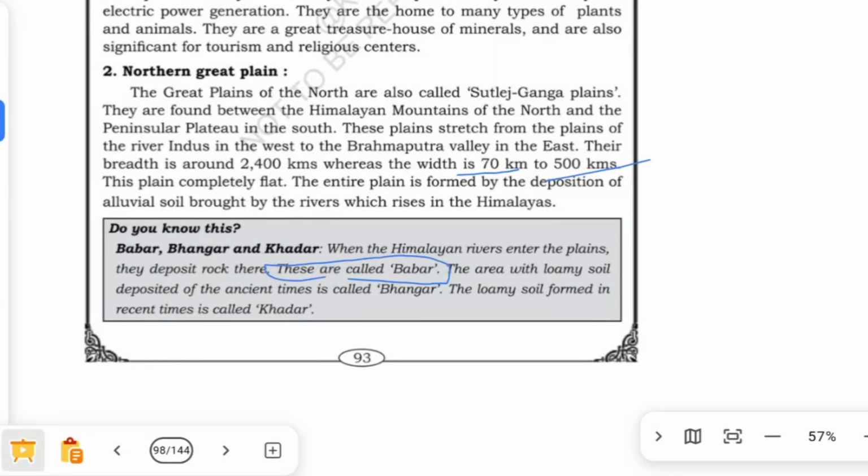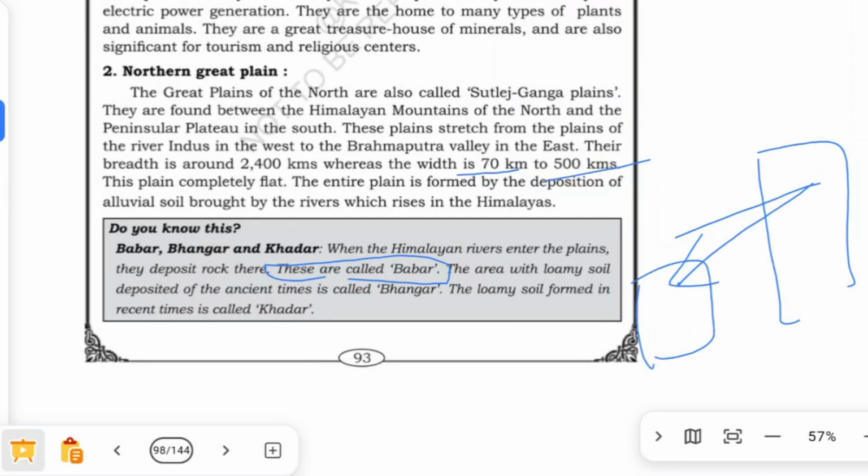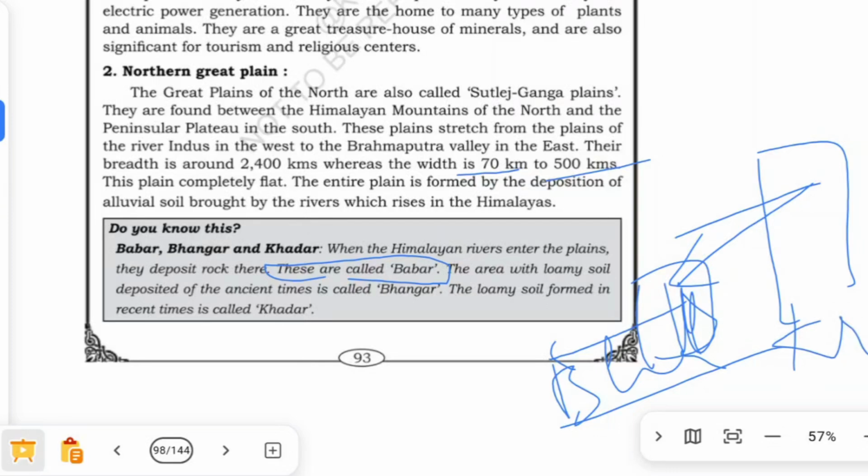When they are entering the plain from the Himalaya, they are depositing the rocks, that is called the Bhabar. The loamy soil moves out when the stones and rocks are left here, and this is called the Bangar. The old one is called the Bangar, and the new one is called the Khadar. So you can understand.